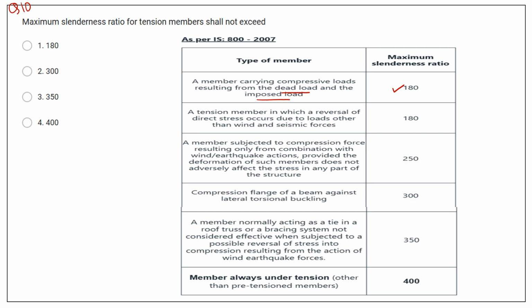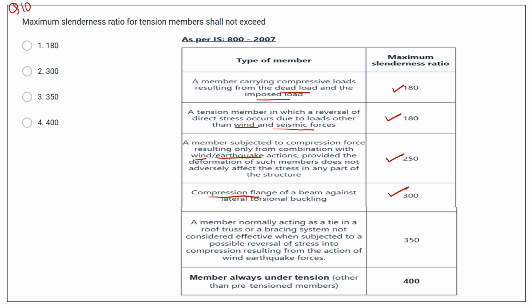Then second, a tension member in which the reversal of direct stresses occurs due to loads other than wind and seismic load, 180 is the slenderness ratio. Then third, for wind or earthquake action or a combination of wind and earthquake action, the slenderness ratio is 250. For the compression flange of a beam against lateral torsional buckling, remember 300 as the slenderness ratio.